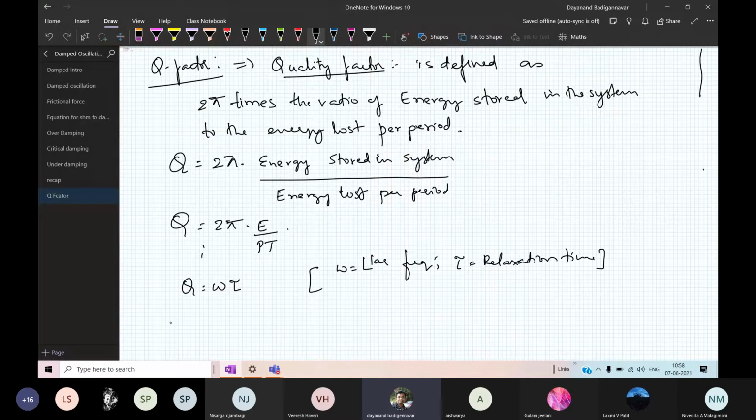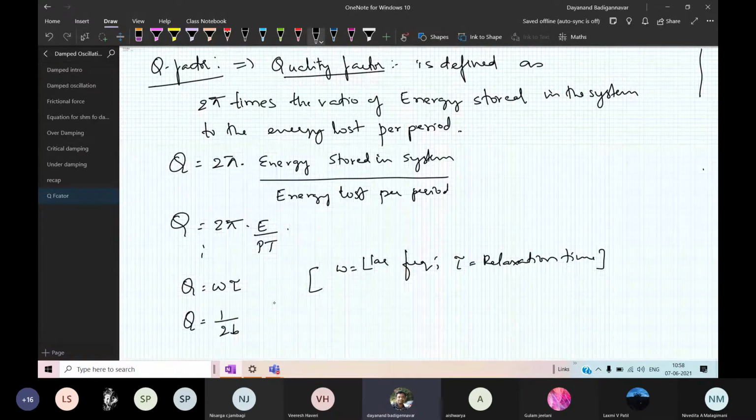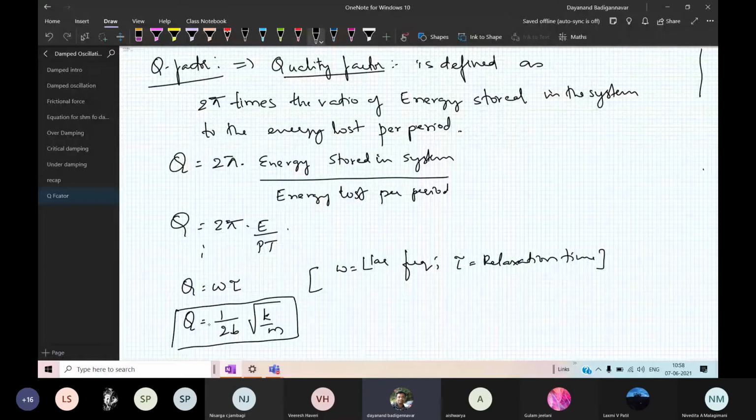Now you can write it in a simple way as Q equal to 1 upon 2b into root of k by m. This is the way to evaluate the Q factor of damped oscillations.